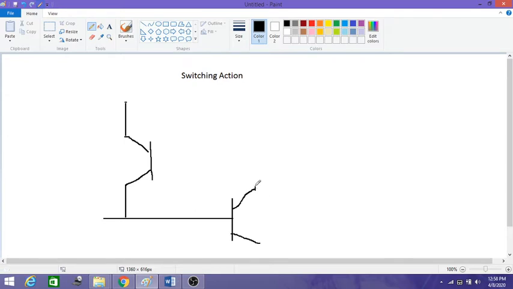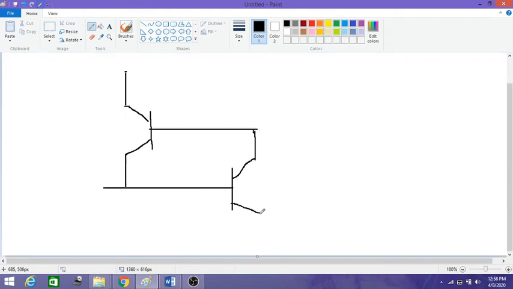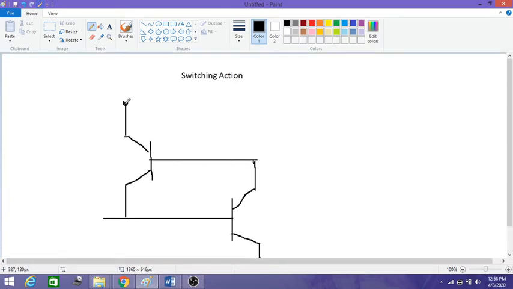So as we have seen before, we need two transistors, that is PNP and NPN transistor, and this we connect to ground, and here we can consider that we applied the voltage V, and this is E1.